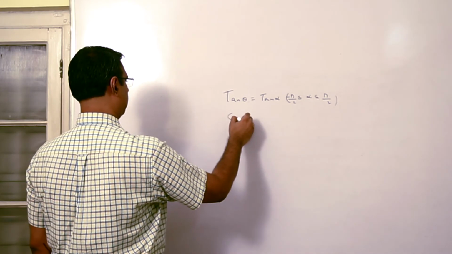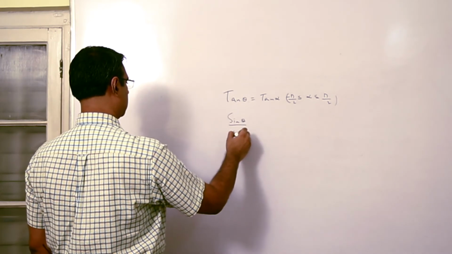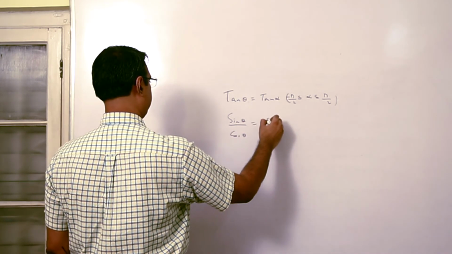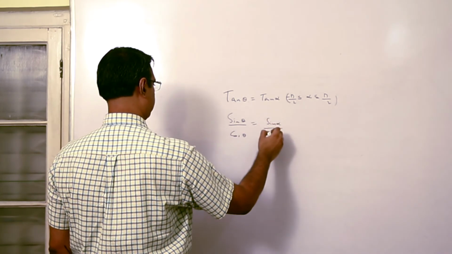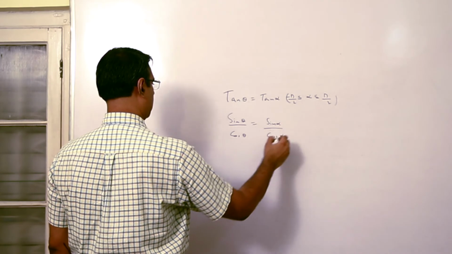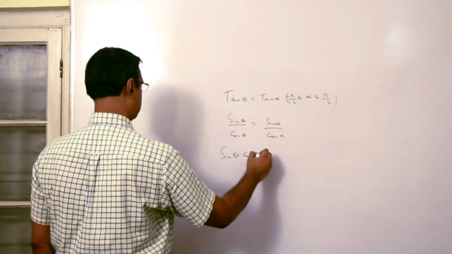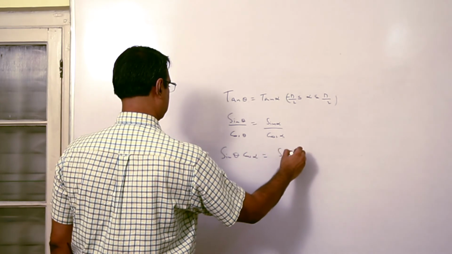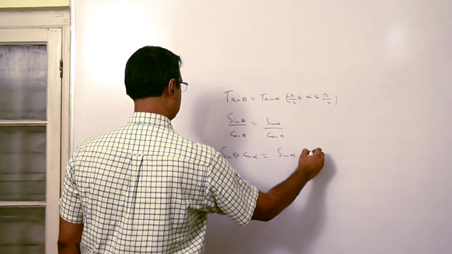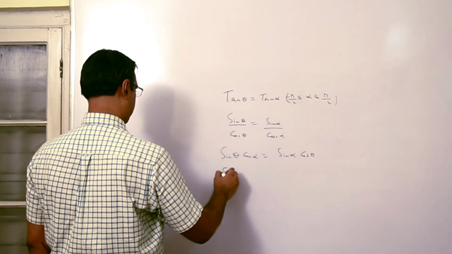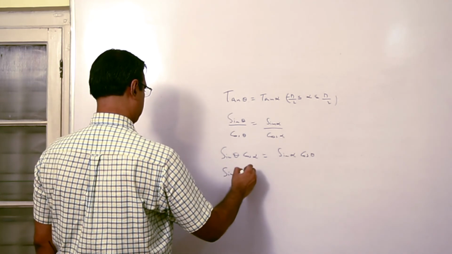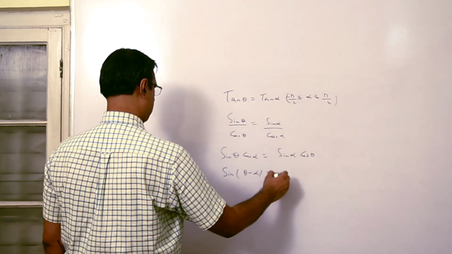Convert both the tan to sine and cos, and then you cross multiply and bring all the terms to one side.